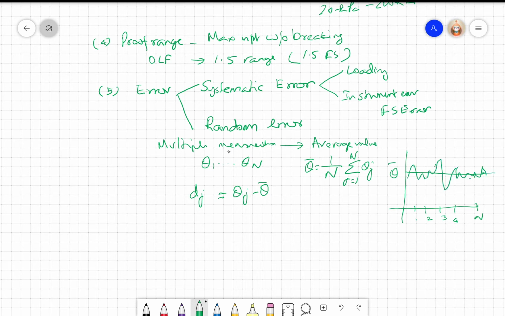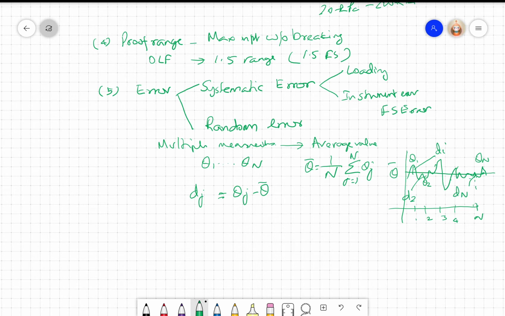So I get theta 1, theta 2, and theta n, right? And the difference between the average value and a particular theta is this is d1, this would be d2, and let's say n is somewhere here, this is dn, right?